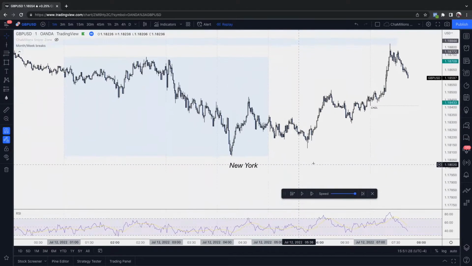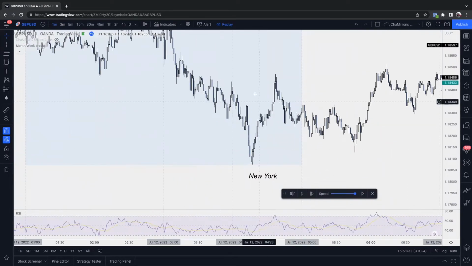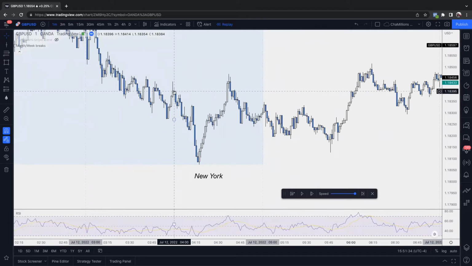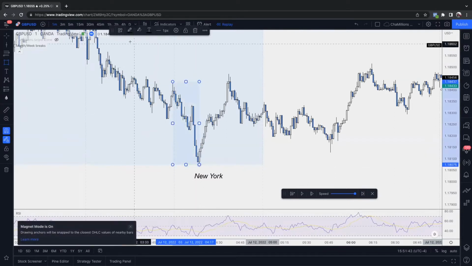right? Now, if we acknowledge how price essentially opens here and how inefficiently we run on this drop right here, right? So very unsustainable.